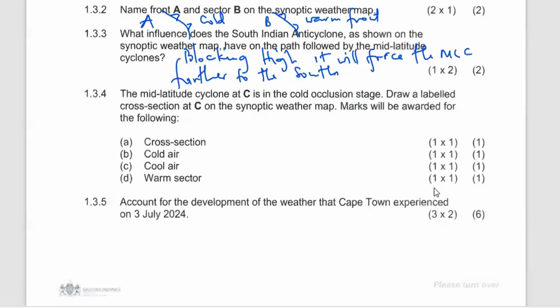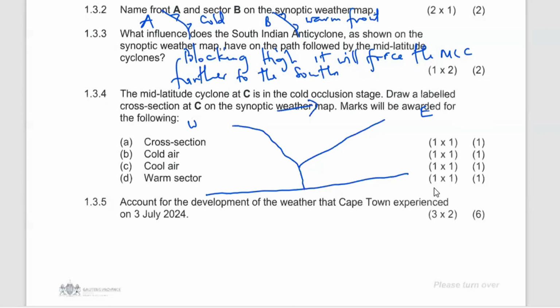So when you're drawing this as a cross-section, our cold front is steeper, so it must be like that. Then our warm front must start from somewhere there and is gentle. So this is our ground surface, and this is our west, and this is our east direction. We know the movement direction is always in that direction.